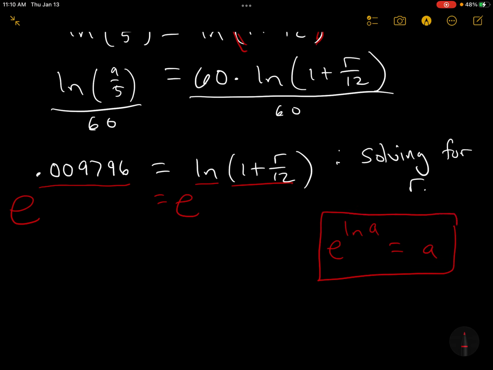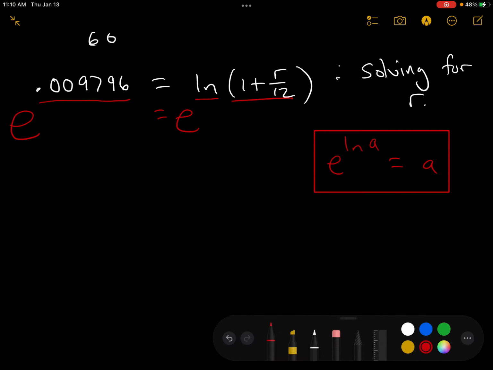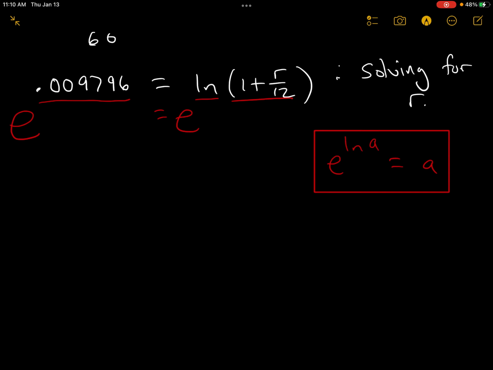This is a fact for any a. So e to the ln of 1 plus r over 12 is 1 plus r over 12. So now I have e to the 0.009796 equals 1 plus r over 12. We're getting closer and closer, right? That r is about to be all by itself and we'll have the problem done.